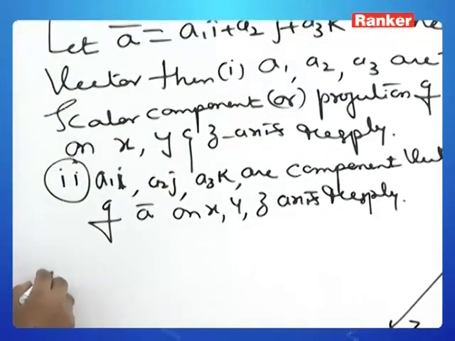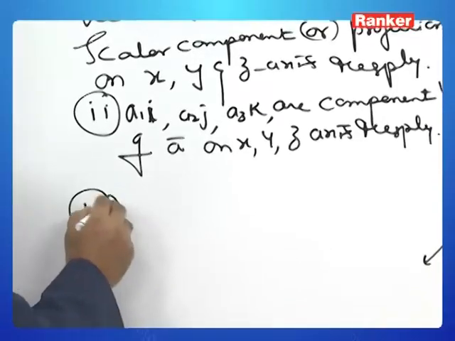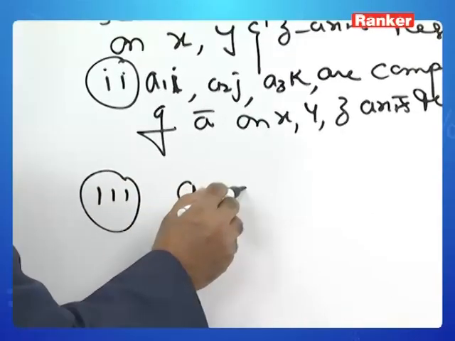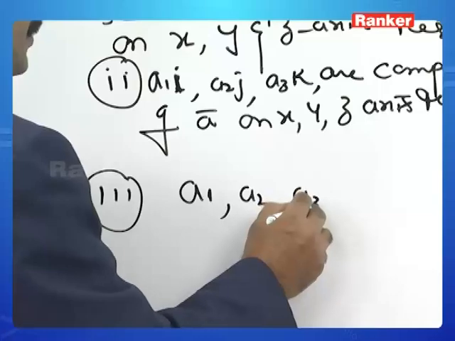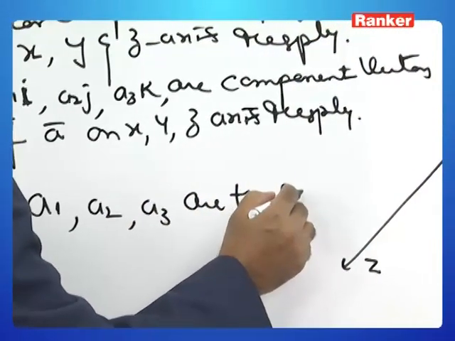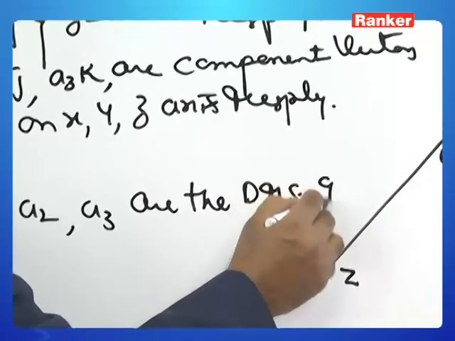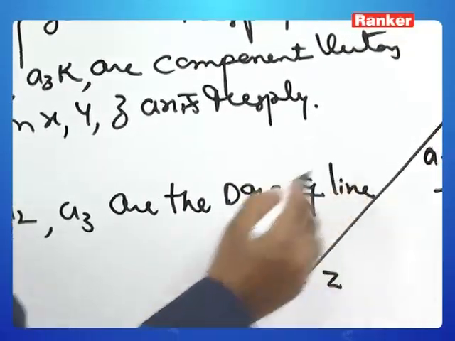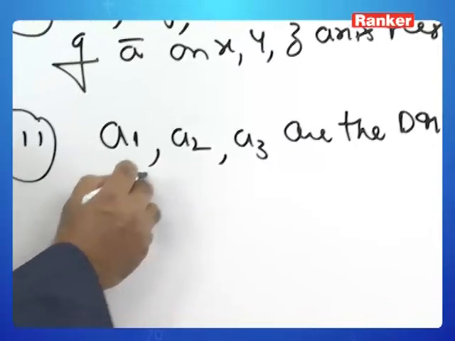The third one is A1, A2, A3 are the DRs of a line A bar.